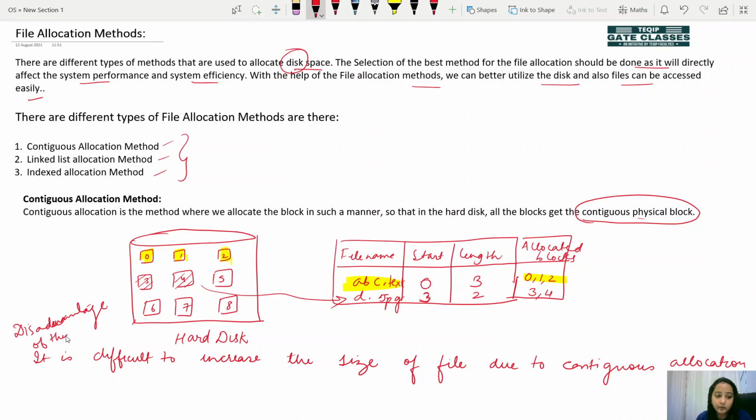This is the major disadvantage of this method, that we are not able to increase the size due to the contiguous allocation.